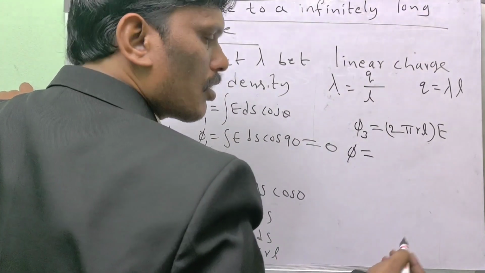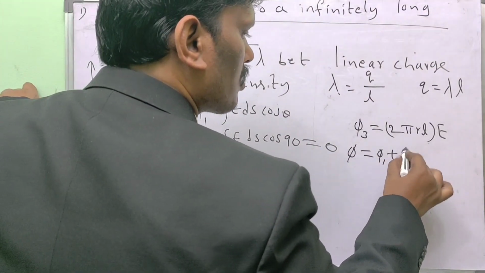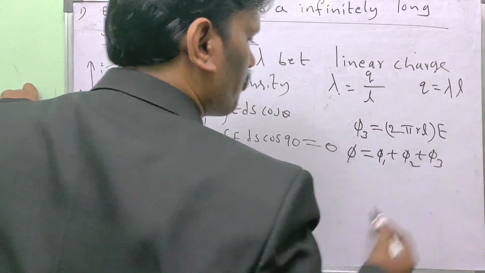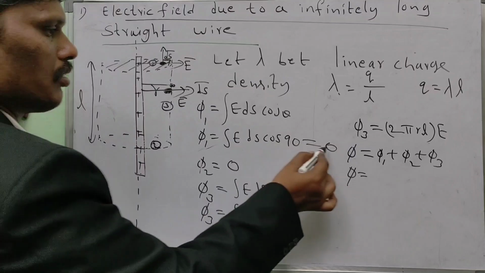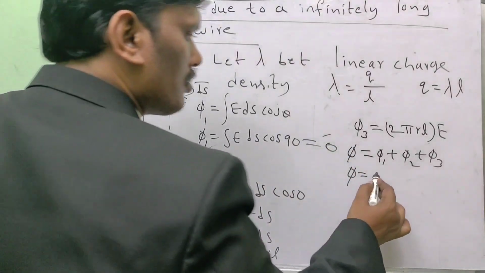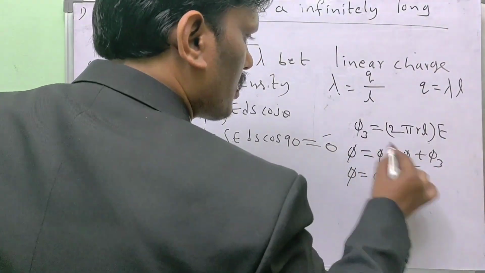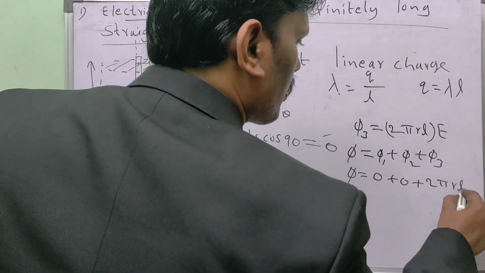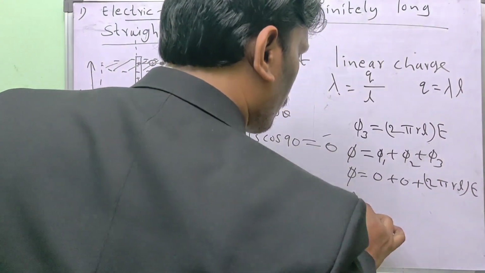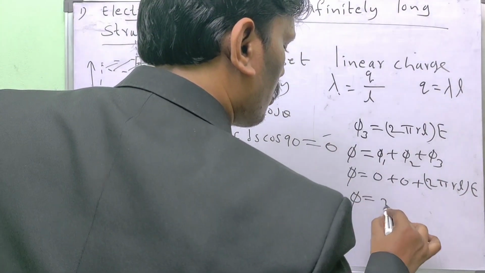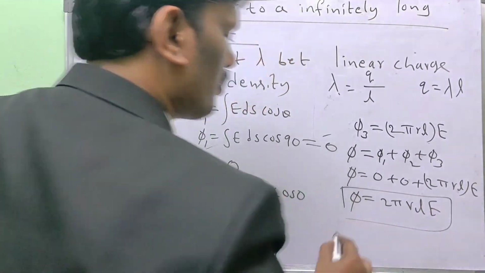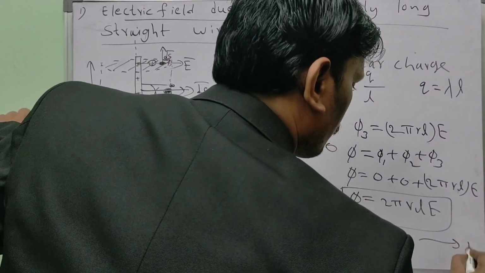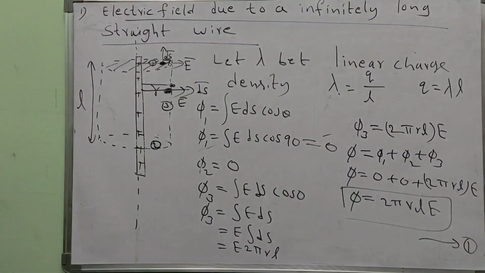Phi is phi 1 plus phi 2 plus phi 3. Phi 1 is 0, phi 2 is 0, 0 plus 0. What about phi 3? 2 pi r L times E. So finally, the flux I got is 2 pi r L times E. This is the flux. Consider it equation 1. Note down, students.